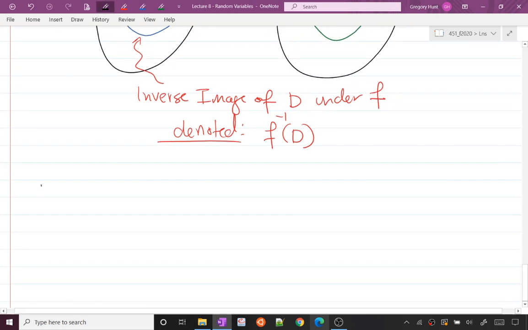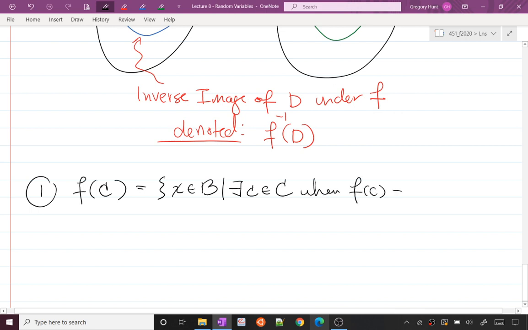So just as a real quick brief recap, we can write F of C as every, let's say, x in B such that there exists a c in big C where F of c is x.